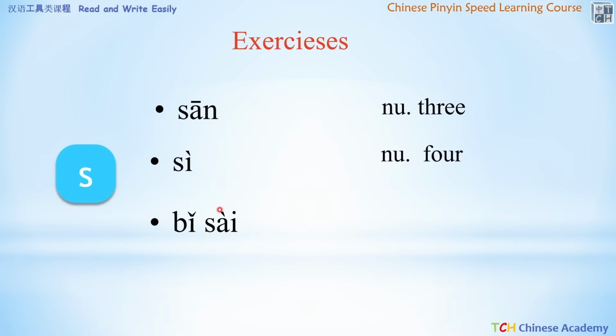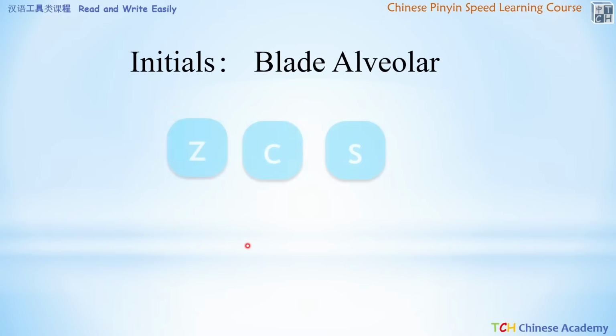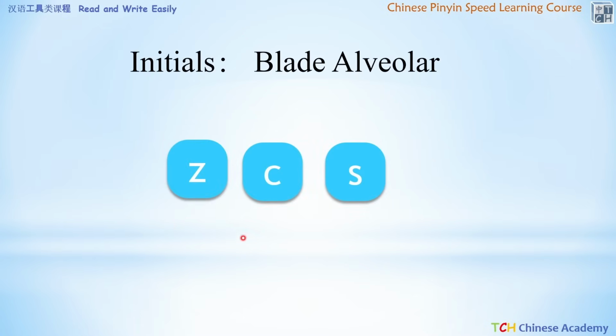So 比赛 means a game or a race, a competition. Well, that's all for this blade alveolar sound.